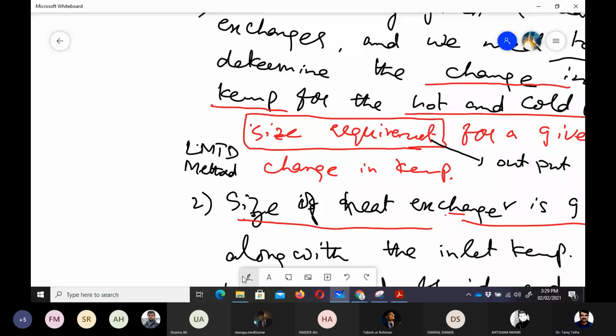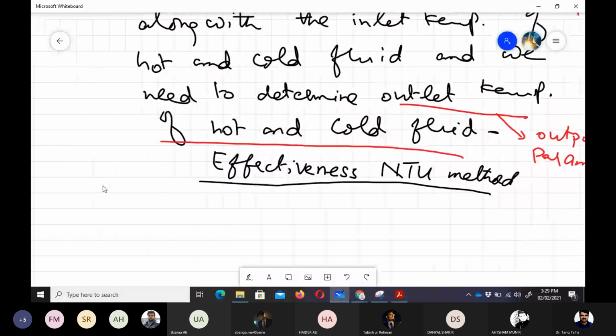Like in the quiz I gave last week, because the temperature boundary condition was constant temperature, we needed to use log mean temperature difference in the formula, Q is equal to hAs delta T log mean. So in this week we are concentrating on log mean temperature difference, and in the next week or so we would be discussing the effectiveness-NTU method.